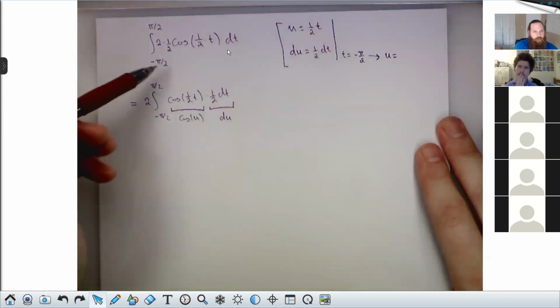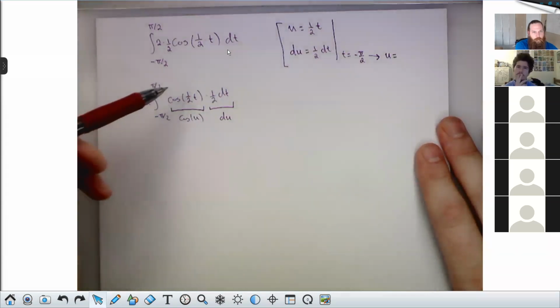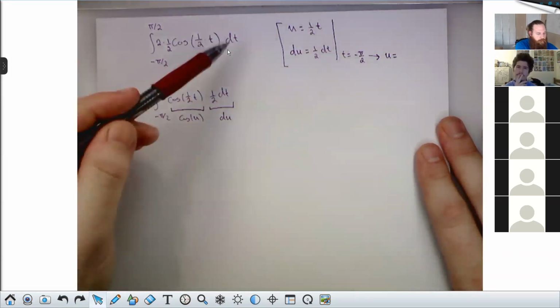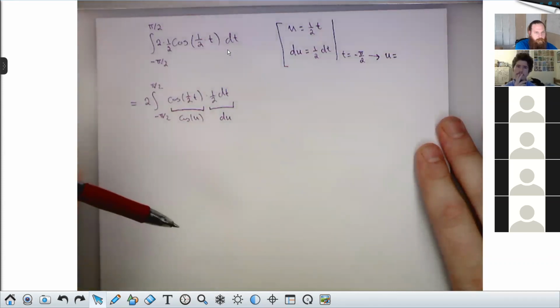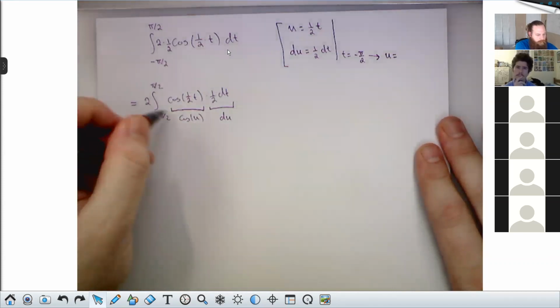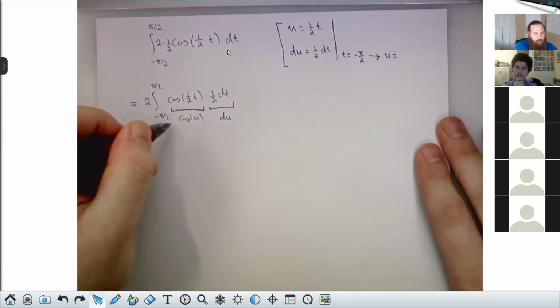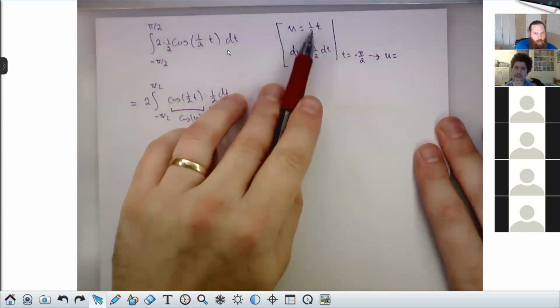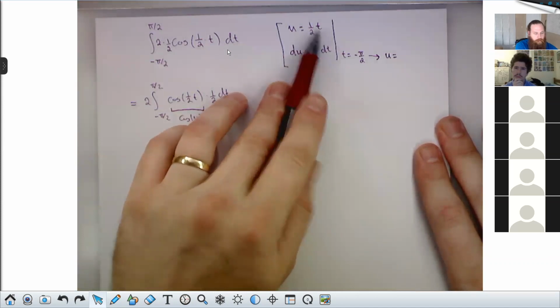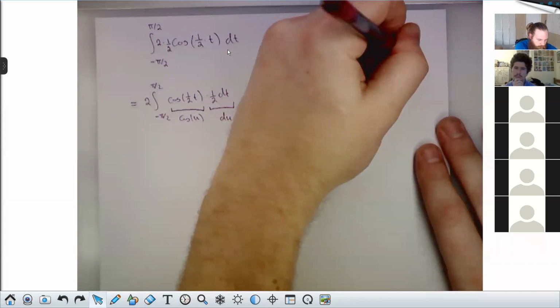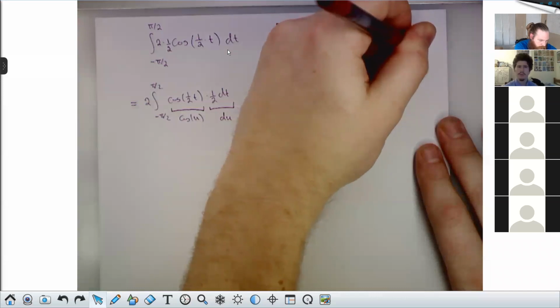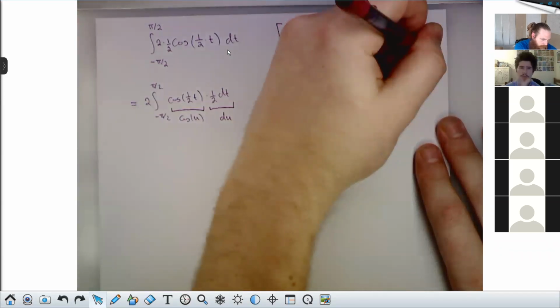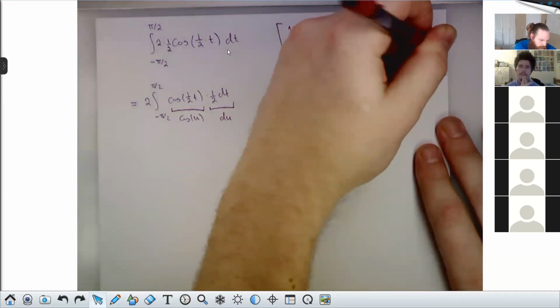Remember these original bounds, the -π/2 and π/2, those are bounds for the variable t. So when t is equal to -π/2, my original lower bound, u is equal to 1/2 times -π/2, which is -π/4.